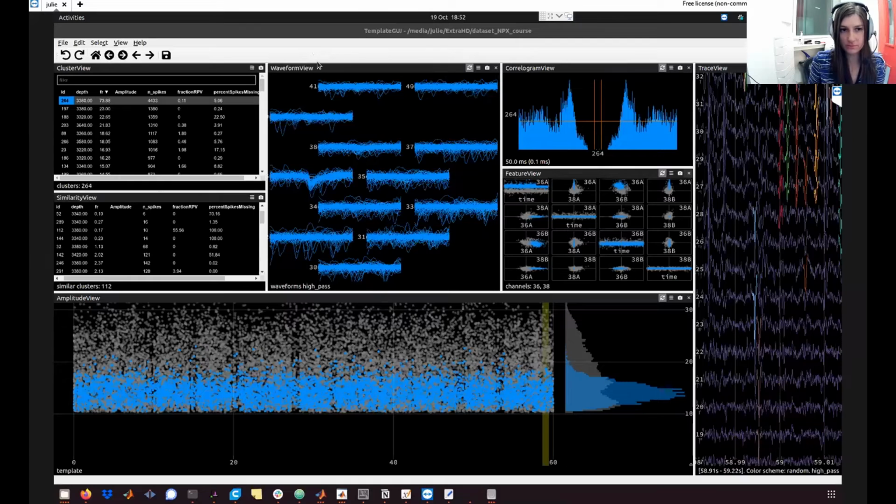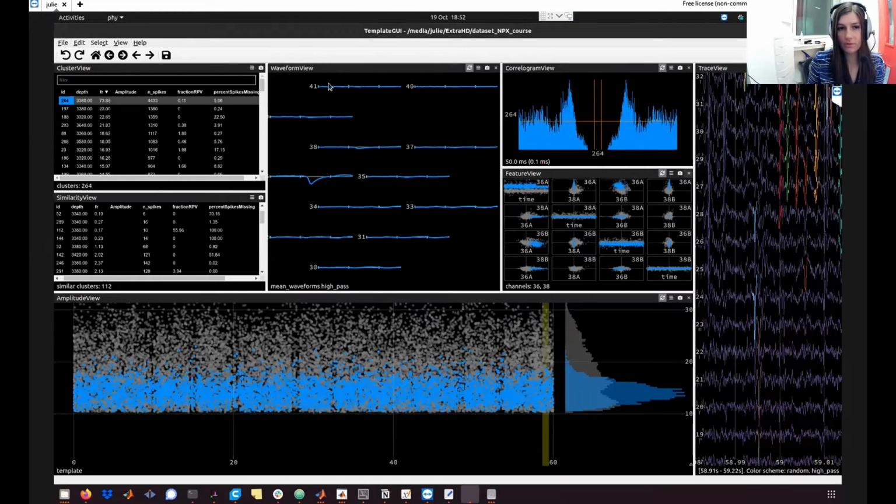You can also show the mean of those waveforms, or what the template looks like. You also see this unit's autocorrelogram in this view. And these lines, again, correspond to the unit's mean firing rate and a plus or minus 1 millisecond window.